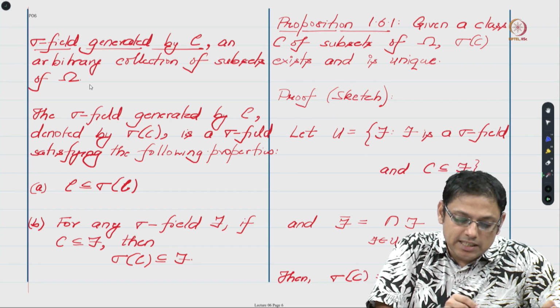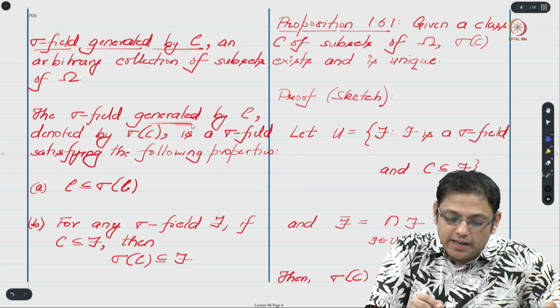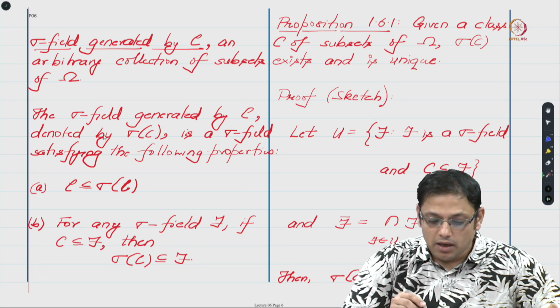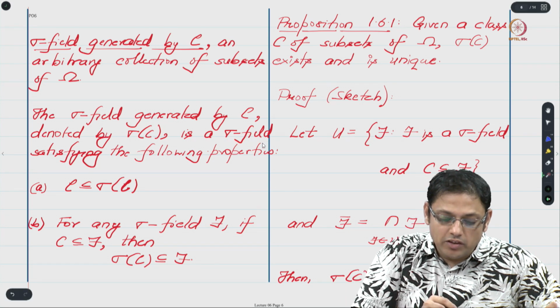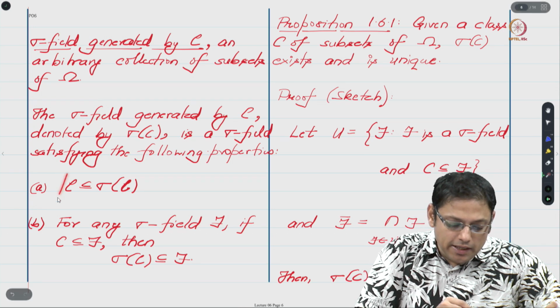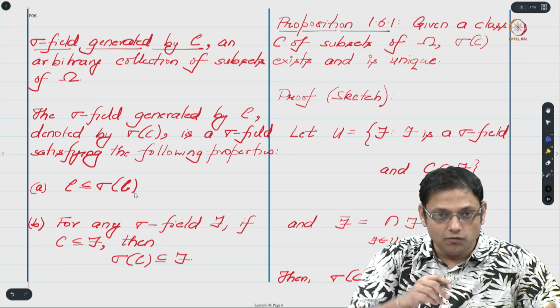The sigma field generated by C, which we will denote as sigma of C, is a sigma field which has the following properties. The first property is that the given collection C should be a subset of this sigma field.